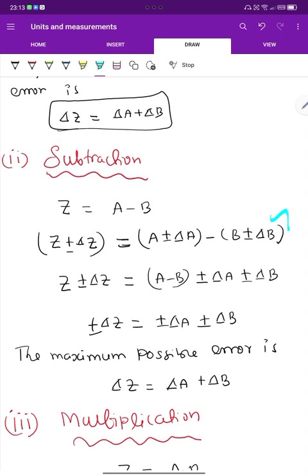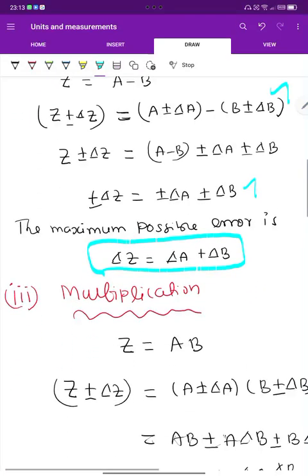When we rearrange, we will see we are getting the same relation as we get in the process of addition. The maximum possible error in the process of subtracting two quantities is the same as in the process of addition of two quantities, and that is delta Z is equal to delta A plus delta B.